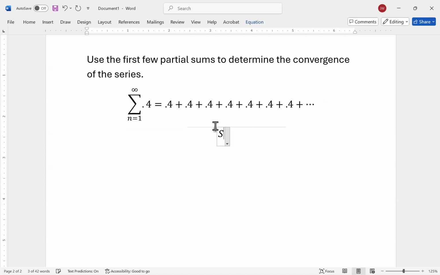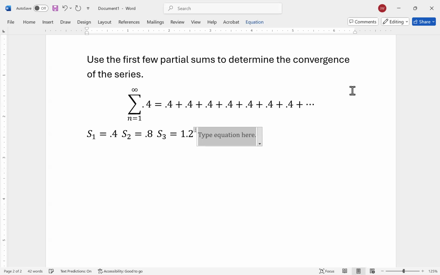If you think about it, I won't do as many in this case, but the first partial sum, therefore, would just be 0.4. The second partial sum would be 0.4 plus another 0.4, which is 0.8. The third partial sum is going to be 3 0.4s added together, which gives you 1.2.